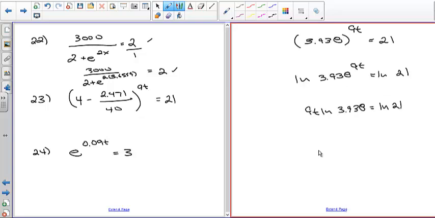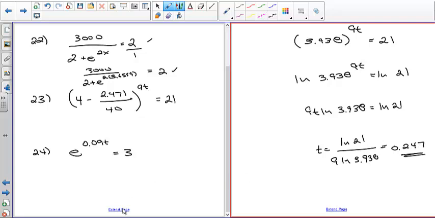So if we solve for t, we're going to divide the right-hand side by 9 times the natural log of 3.938. And we'll just plug that into our calculator. And I'm just going to give you the answer. We'll assume it's right, 0.247.